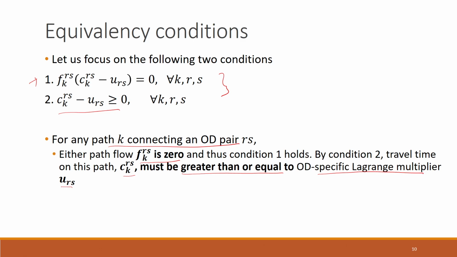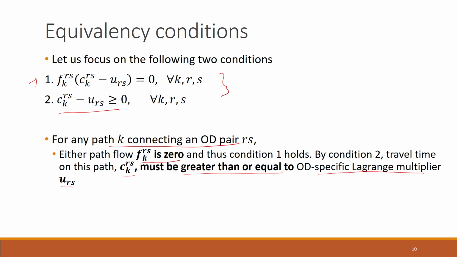This is what it is saying, that CKRS is greater than or equal to URS. Why are we saying OD specific? Because this U is a function of RS here.